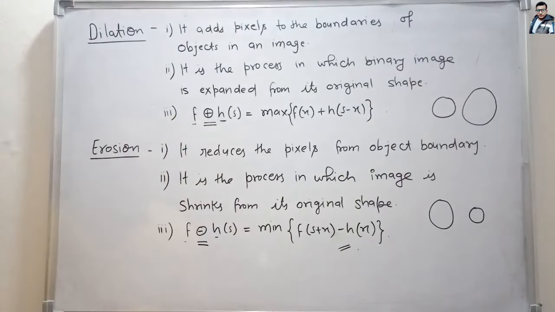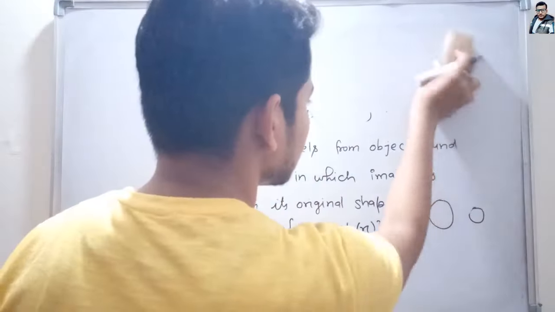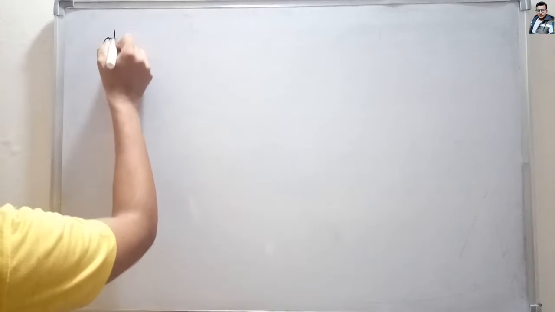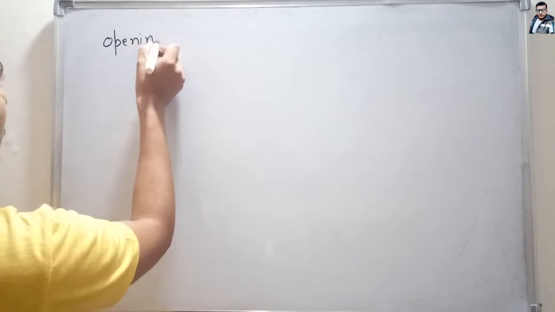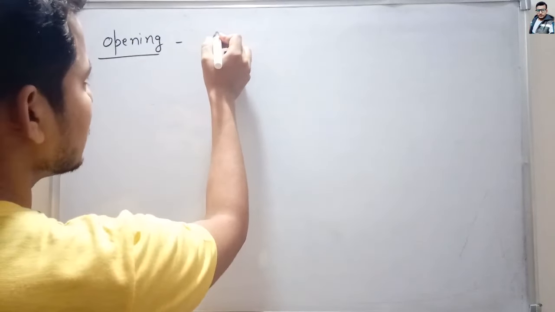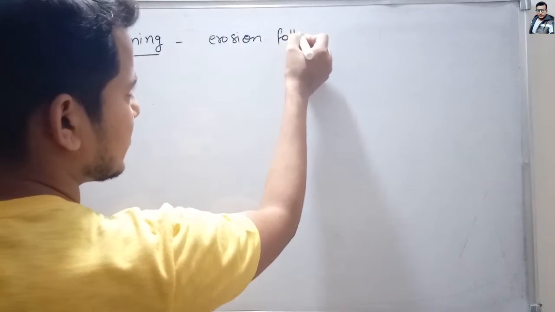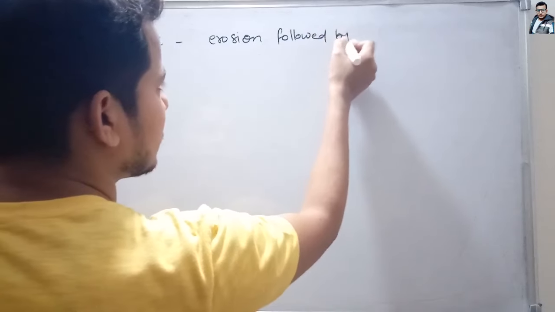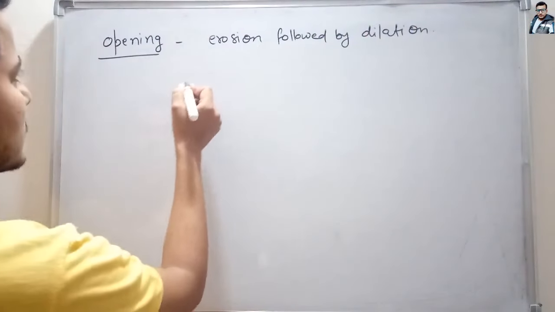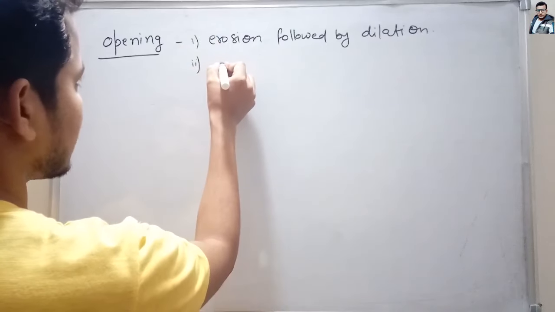Okay, and now see the opening and closing. Opening is erosion followed by dilation, and it is represented by this symbol.